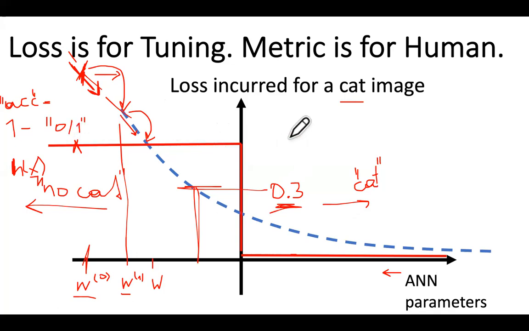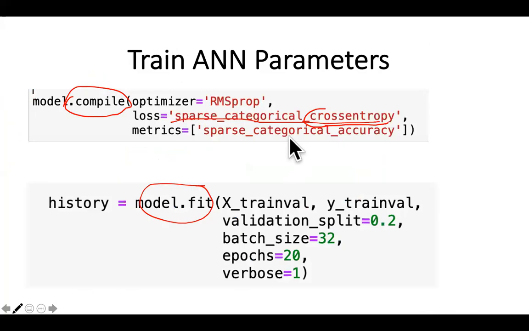But for tuning, you don't want to use the 0-1 loss. You want to use something like cross entropy. That's the reason why we choose the cross entropy for the loss here, and this loss function is used for fitting the model, for tuning the weights and the bias terms of the model.